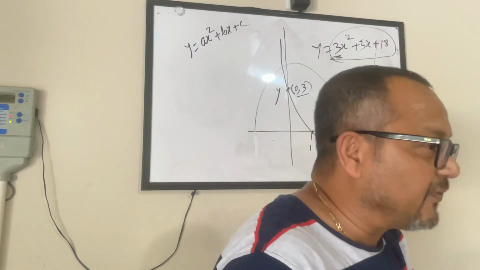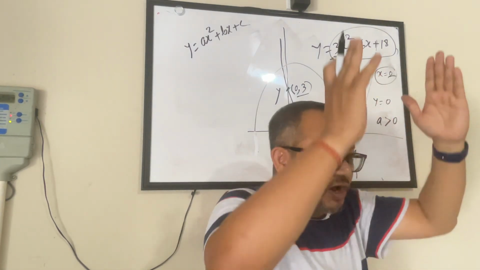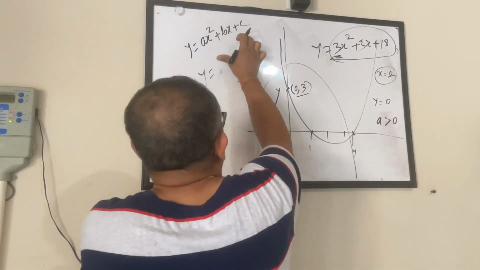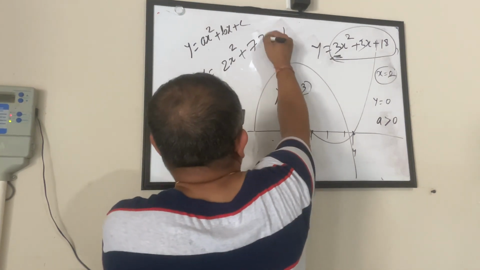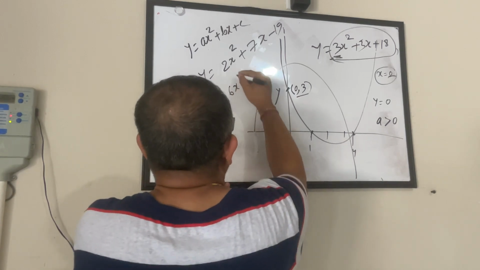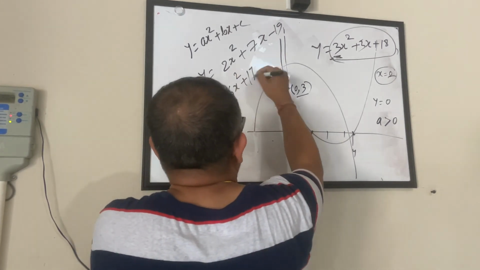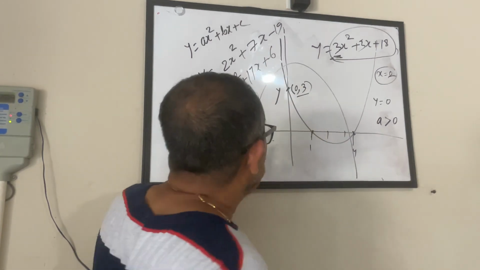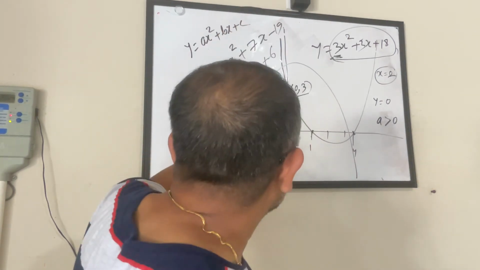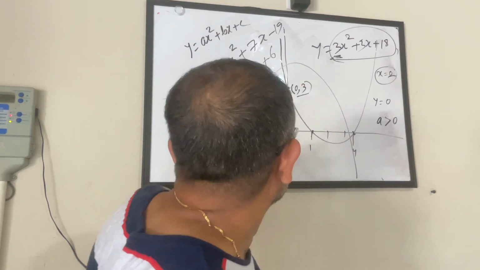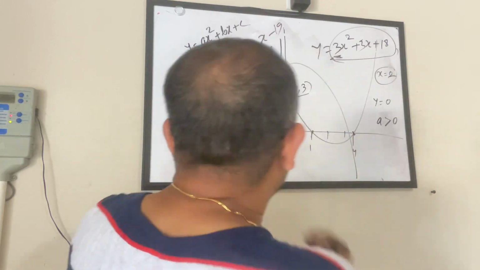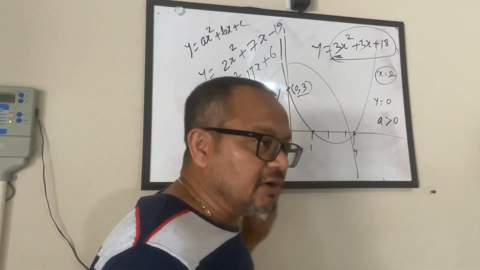So this might be a quick tip for you, okay? If you have an equation like y equals 2x squared plus 7x minus 19, and y equals minus 6x squared plus 17x plus 6, between the two equations, one thing that you can blindly say: if the value of a is negative, my parabola is going to be upside down.